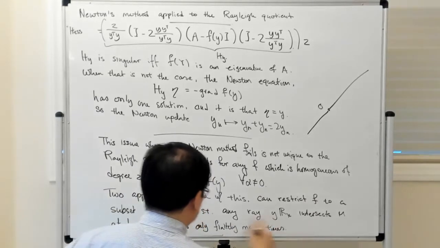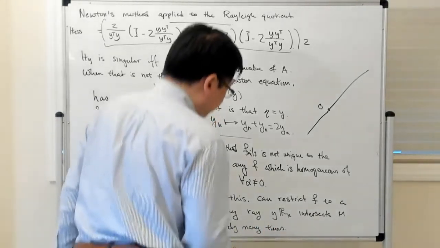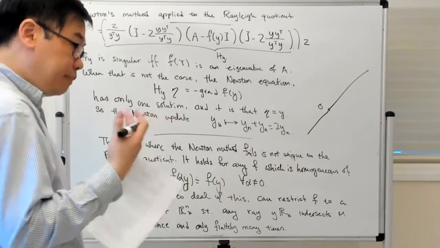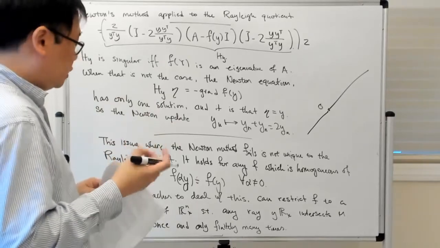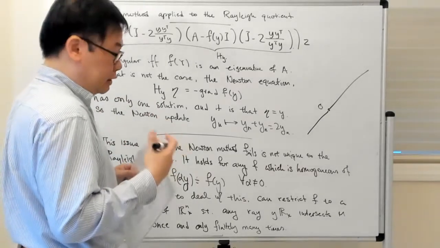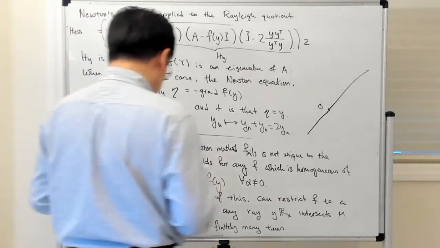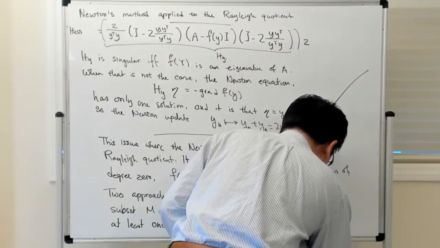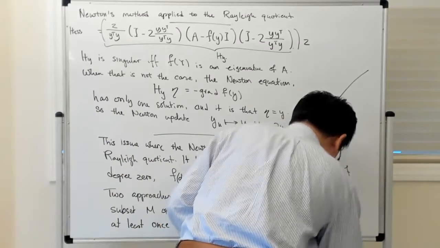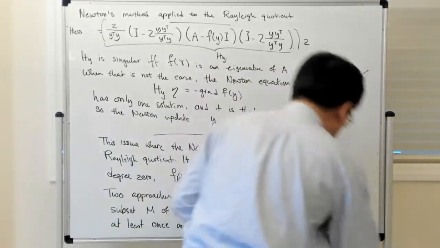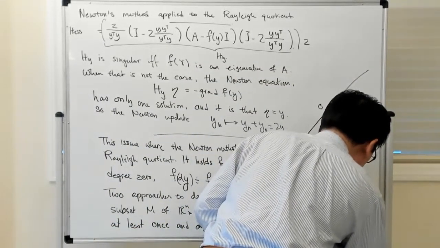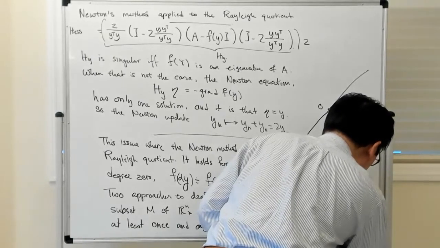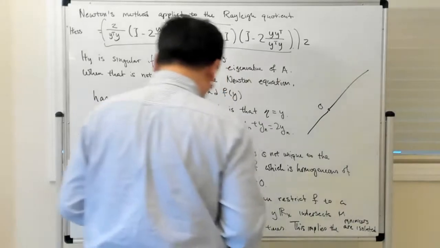The effect of it intersecting once but only finitely many times is that all these copies of the same minimizer are, in some sense, disjoint from each other. So this guarantees, or implies, the minimizers are isolated from each other, which is sort of what you want.